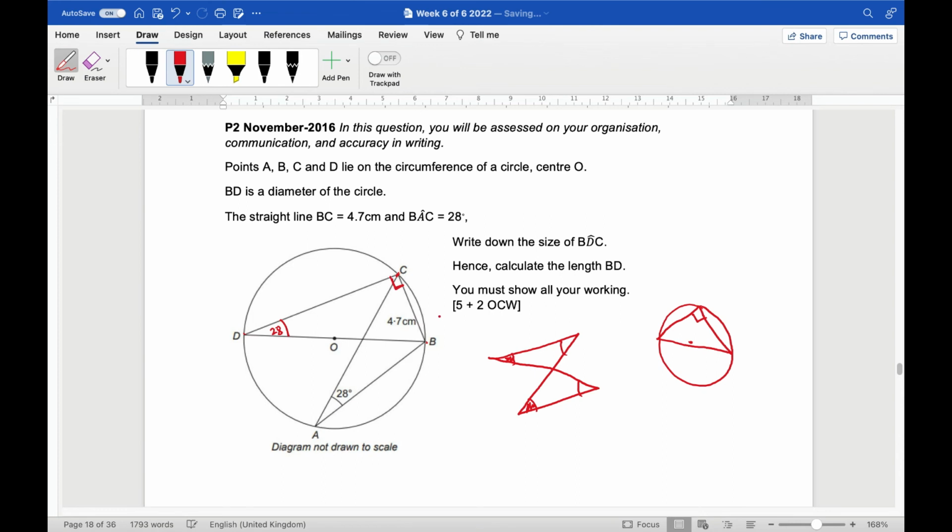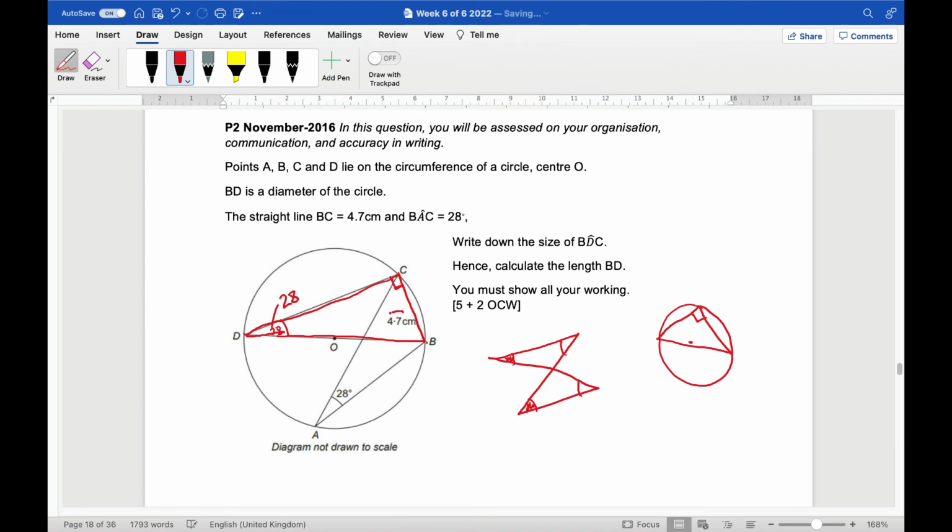I don't want to go into this too much here. But if you need the length of BD now, if we just pick out this, not the nicest, is it? You've got yourself a right angle triangle using these two circle theorems, where you know this angle is 28 because of this circle theorem, and you know that is 90 because of this circle theorem.